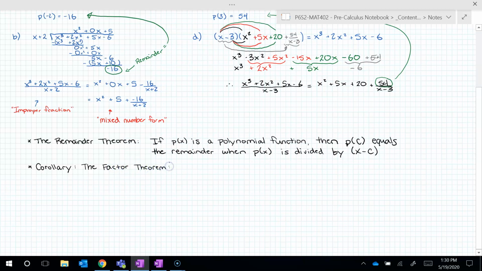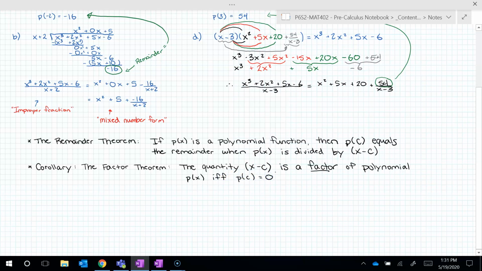And the factor theorem says that the quantity x minus c is a factor of polynomial p of x if and only if p of c equals 0.